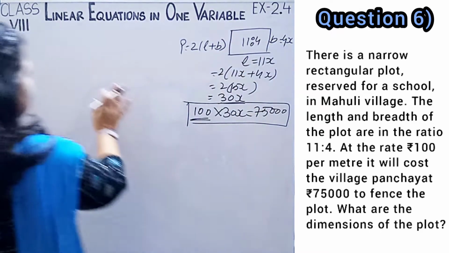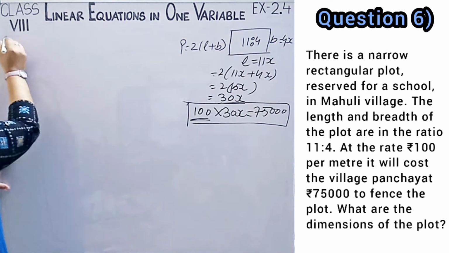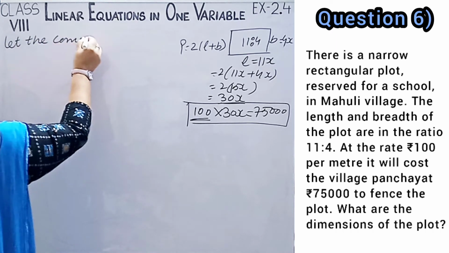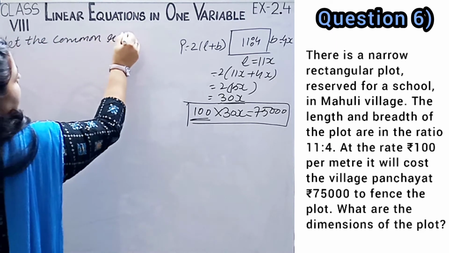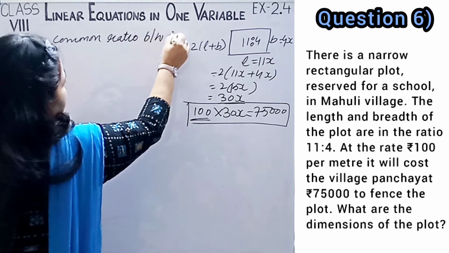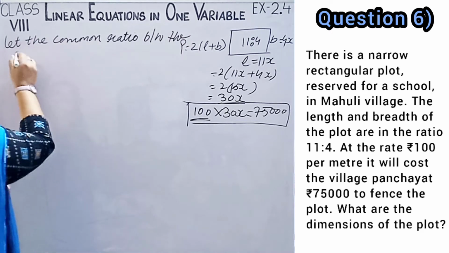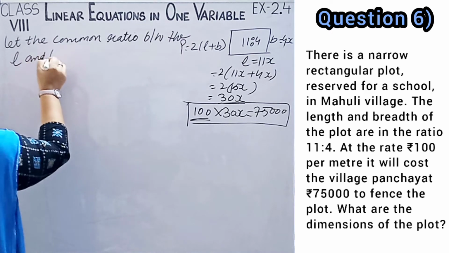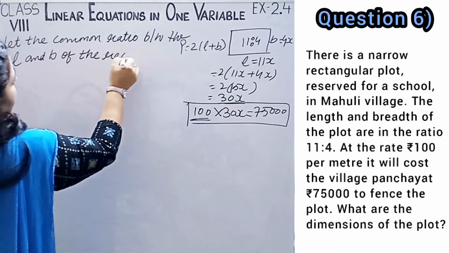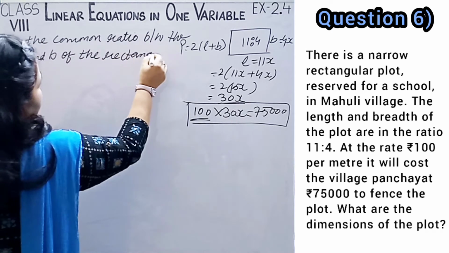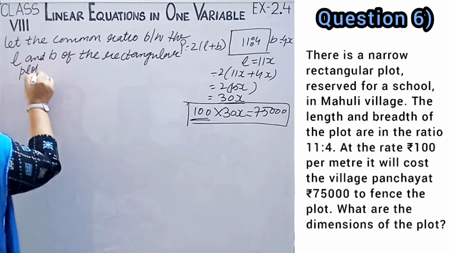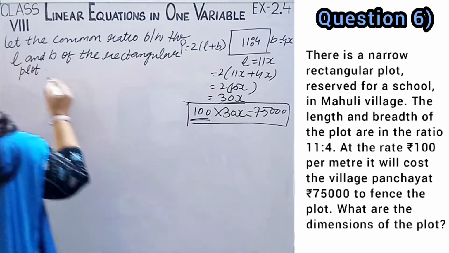So now coming to the statement part. Let the common ratio between the length and breadth of the rectangular plot be x.